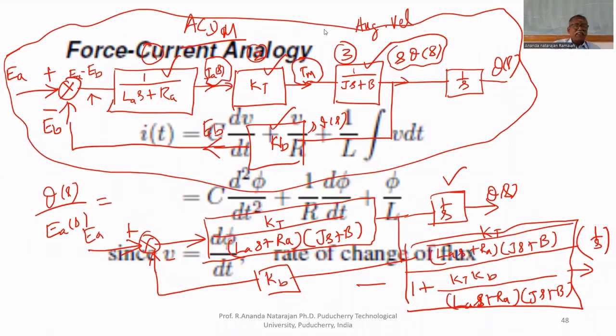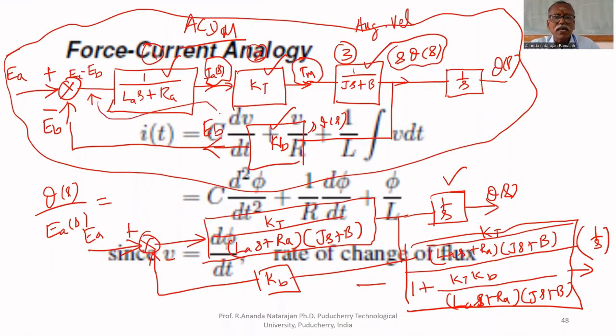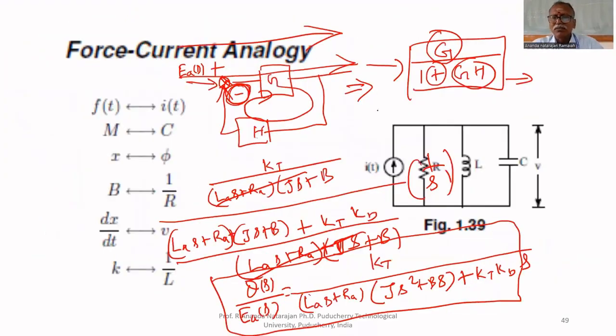2 rules we have seen already. If 3 blocks are there, the 3 blocks can be multiplied, I said. That is one rule. Another rule, the feedback path can be removed like this, I told you.